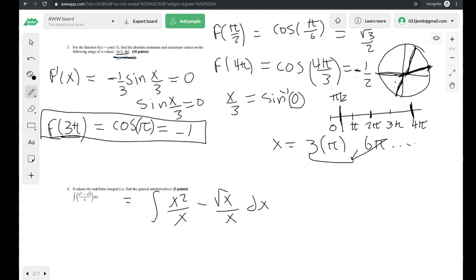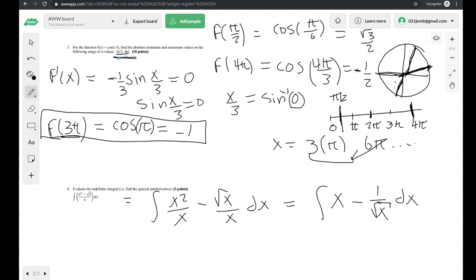Well, x squared over x is just x, so that's going to be the integral of x minus, and the square root of x divided by x, that's x to the 1/2 divided by x to the 1. 1/2 minus 1 is -1/2. So that's going to be 1 over the square root of x, or just x to the -1/2. You can do that too, if it confuses you.